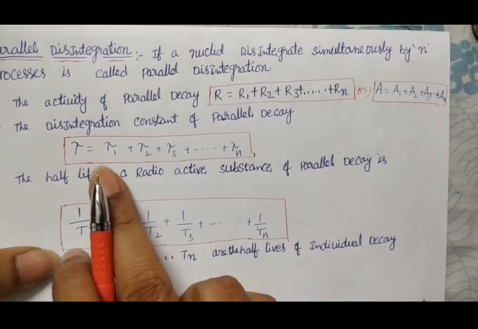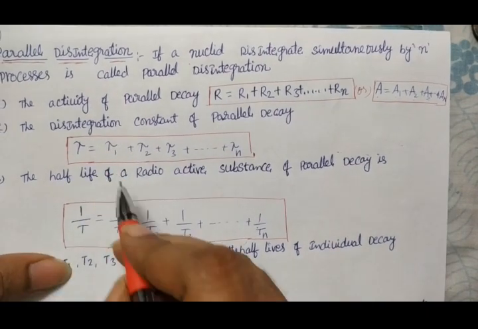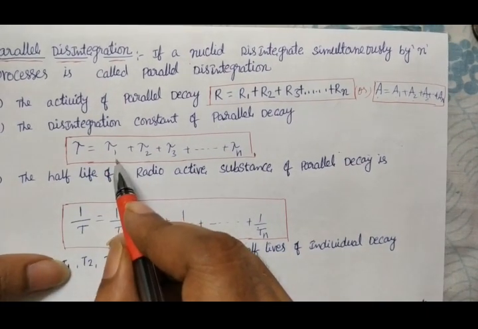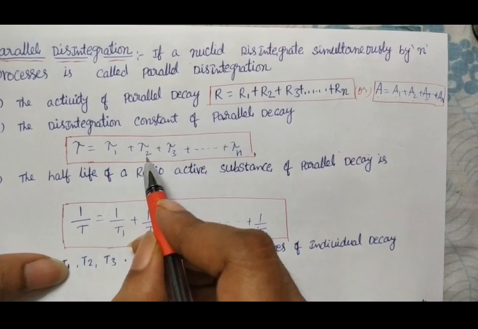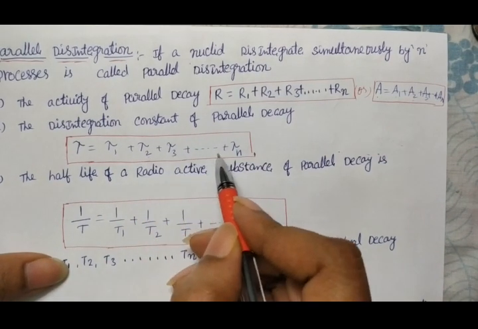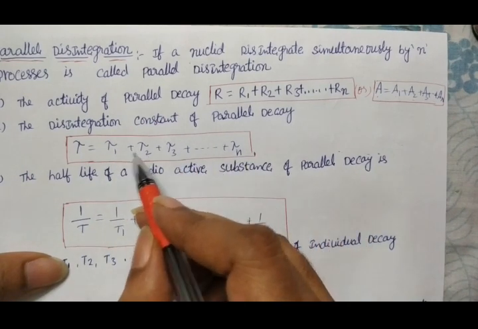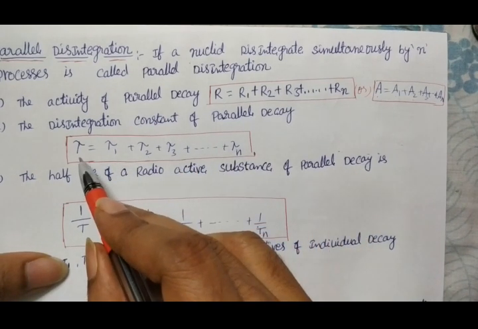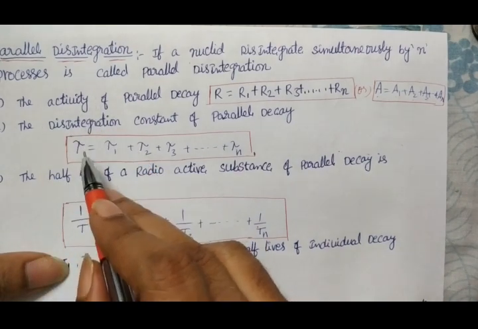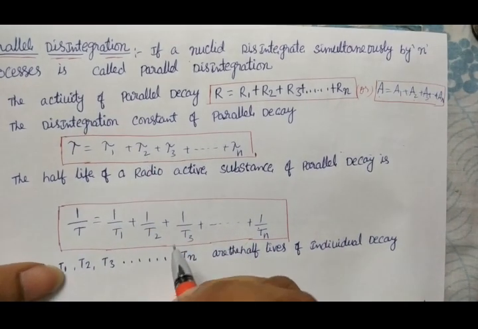And what about the disintegration constant? We have the disintegration constant of the first path, of the second path, third, like that. So the sum of all disintegration constants is equal to the disintegration constant of the parallel disintegration.